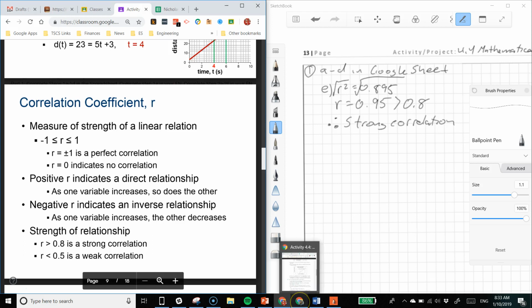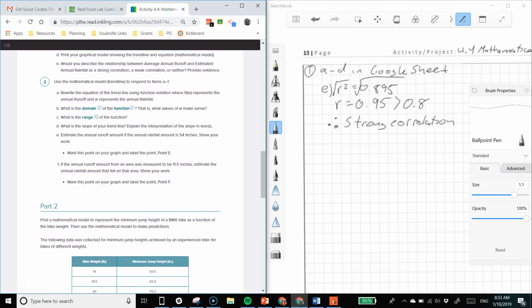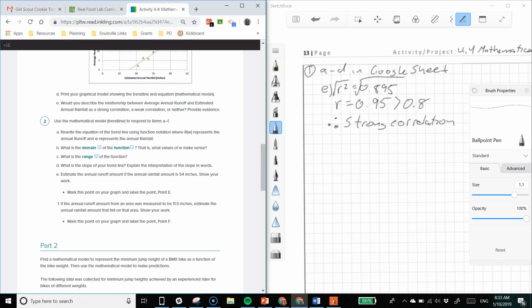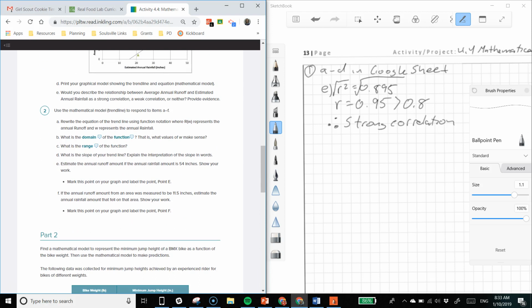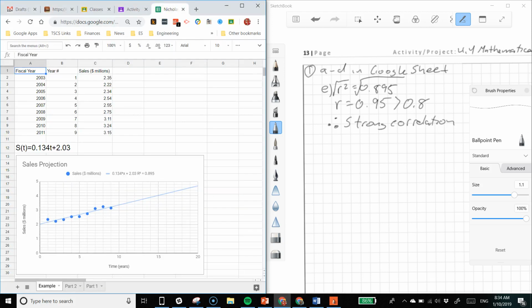All right. Moving on to number 2. It says use the mathematical model, and I'm going to be using the example. You guys will need to be using the spreadsheet that you create for runoff versus rainfall up there. So rewrite the equation for the trend line, and for runoff versus annual rainfall. I again am not doing runoff versus rainfall. I'm going to be doing this for sales versus time.